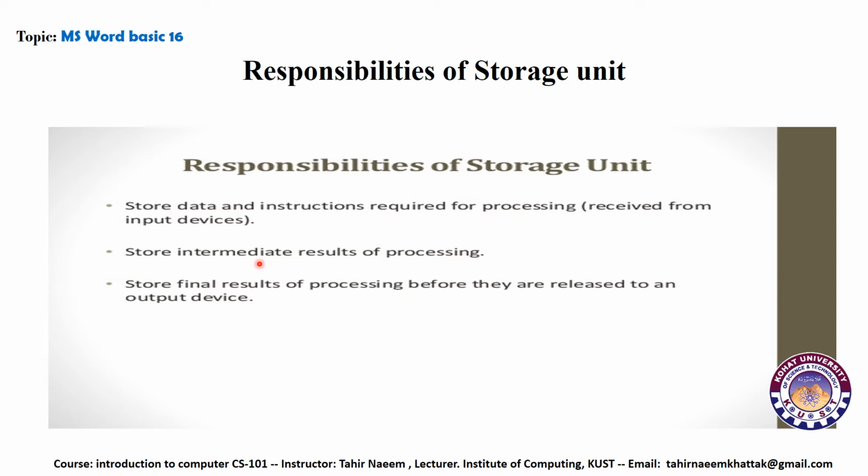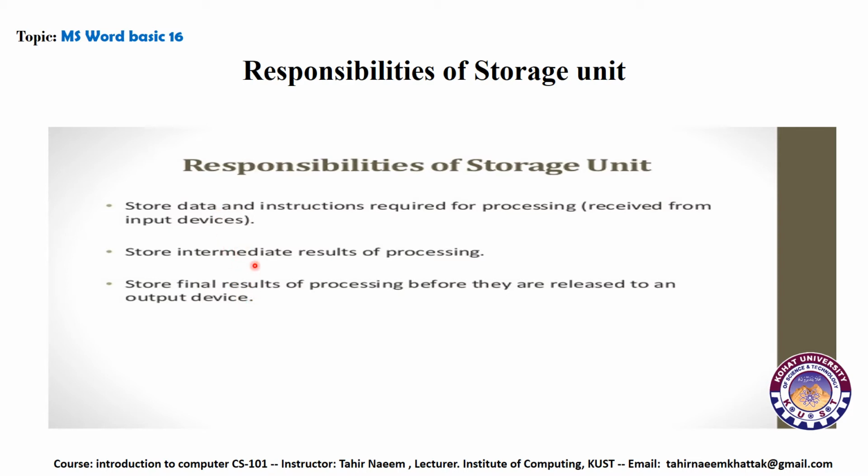This is the second responsibility: half-processed data is stored in the storage unit, while the final result after processing, before it is released to the output devices, is also stored in the storage unit. So these are the three responsibilities of the storage unit.